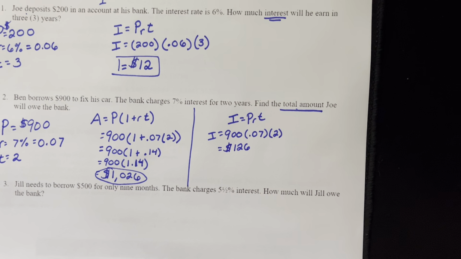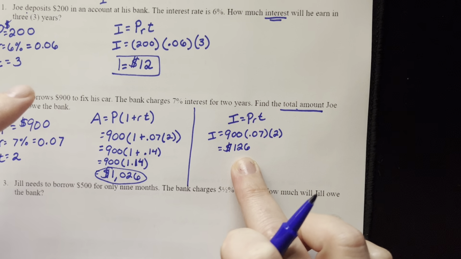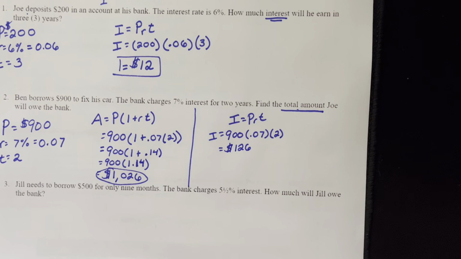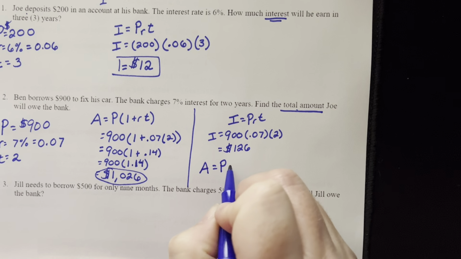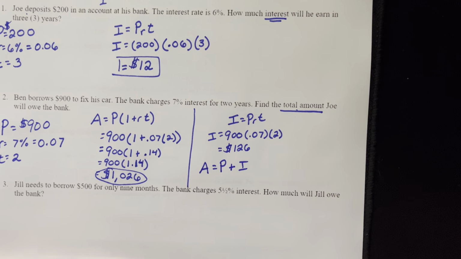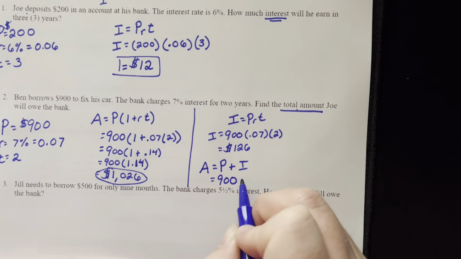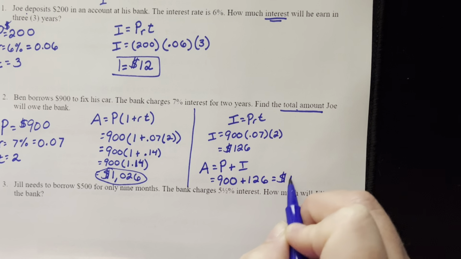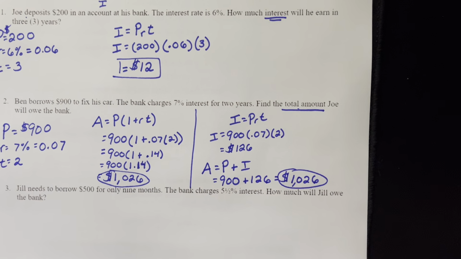So what that means is Ben has to pay the bank $126 in addition to the amount that he originally borrowed for the pleasure of using their money. So to find the total amount, we would need to add the original principal amount to that amount of interest that he owes the bank. So the original amount was $900 plus the amount in interest we just calculated. And that gives us the same total we just found, the $1,026.